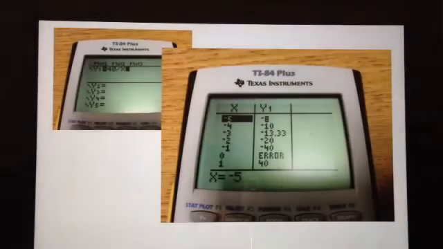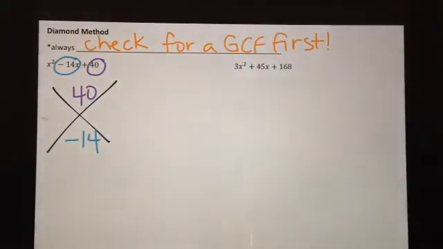So if you go into your graphing calculator and graph the equation 40 divided by x, and then look at the table of values, then on the table, those are your options, the x's and the y's. So now if I'm looking at the table, I'm looking for something that multiplies to a positive 40 that adds to a negative 14. Then negative 4 and negative 10 would be the two numbers that will work. So negative 4, negative 10.